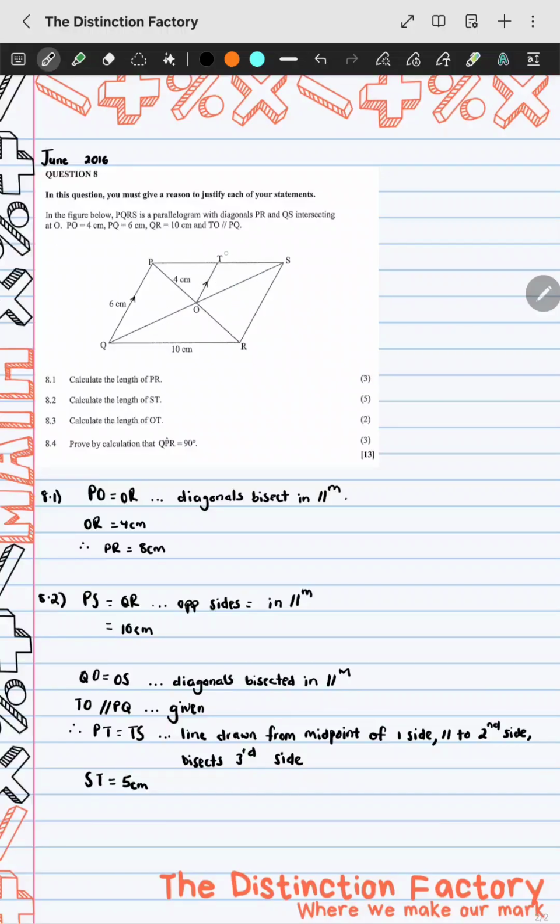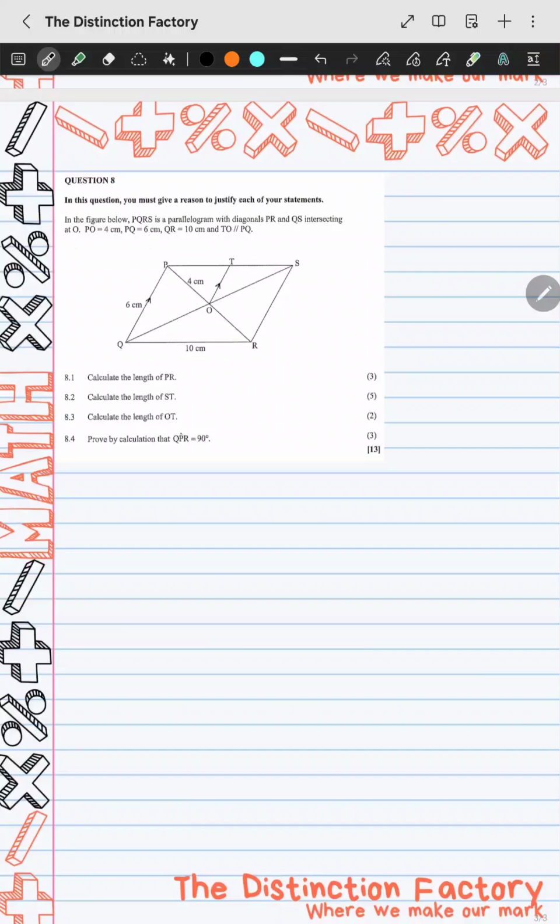Because we have two midpoints, T being our first and O being our second, it means that TO will be half of the length of PQ. So now we just have to write that out in words. I will do that on our next page.